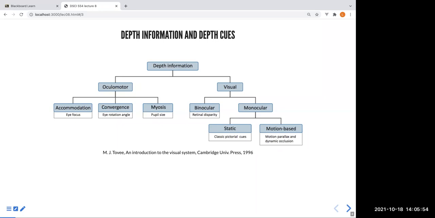And I'm going to describe it briefly, but again, that source of information we only need in real life or when we're looking at physical objects. Most of the time with visualization, you're staring at a screen. And what is important is the monocular information coming from one eye. Here it has these two subcategories that are static and motion-based.